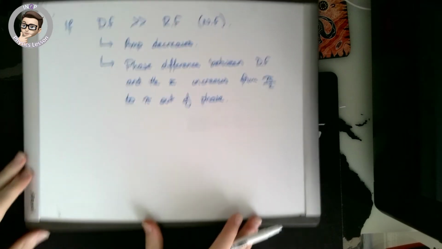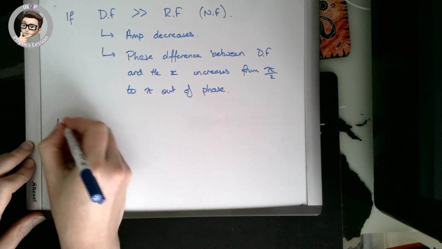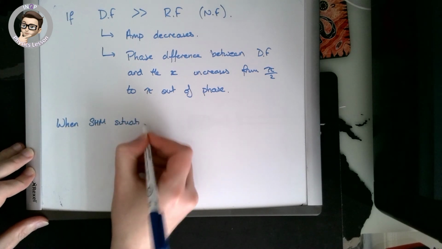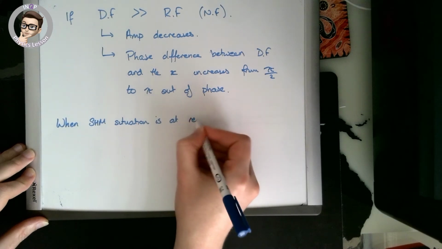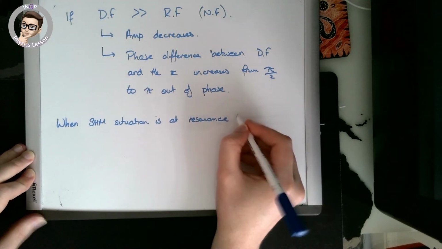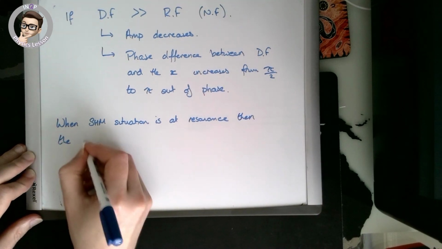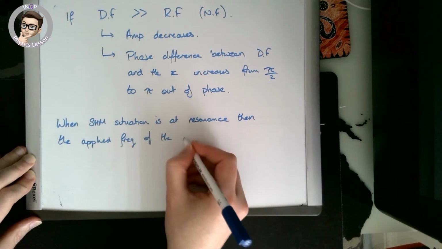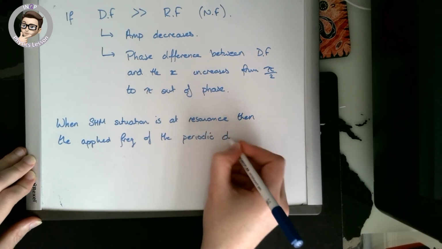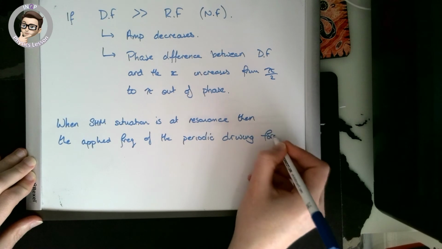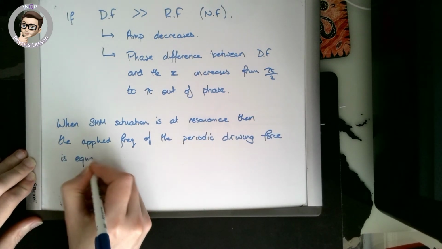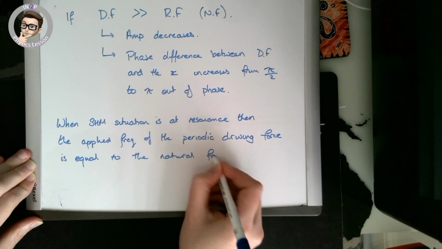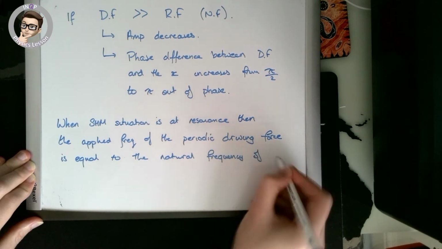So let's now define what resonance is. So when an SHM object, or SHM, let's call it situation, is at resonance, then the applied frequency of the periodic driving force is equal to the natural frequency of the object.